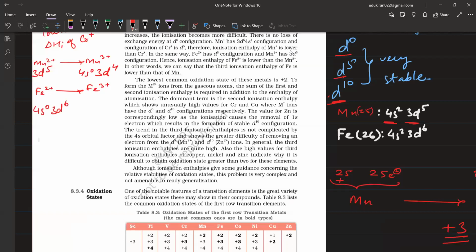So here you are going from stable to unstable. In the first case for Mn, this is stable and this is unstable, right? Yes. And here this is unstable and this is stable, right? Yes. So what do you think? Which is difficult, stable to unstable or unstable to stable?